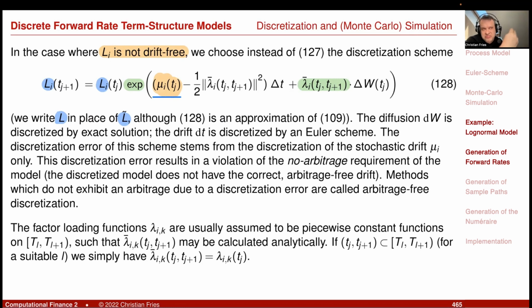And also, maybe you know this from numerical methods, there are integration methods that reduce the error of this drift approximation. The predictor corrector method is, for example, such a method.